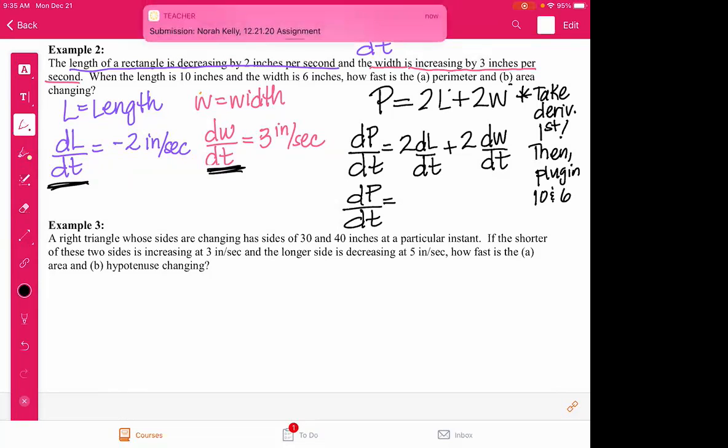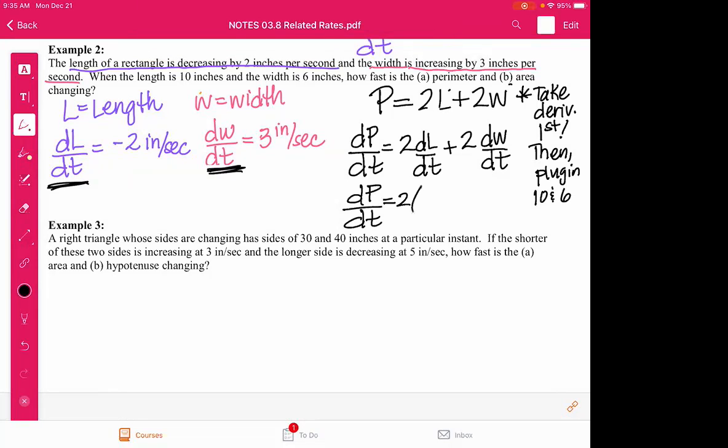So this is 2 times dL/dt, which was -2, plus 2 times 3. And then you can simplify that to -4 plus 6, which is 2. So at what rate is the perimeter changing?